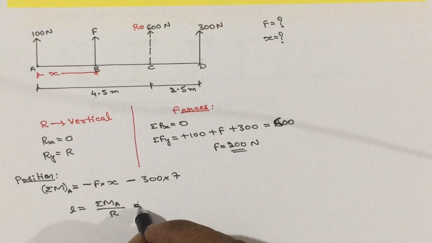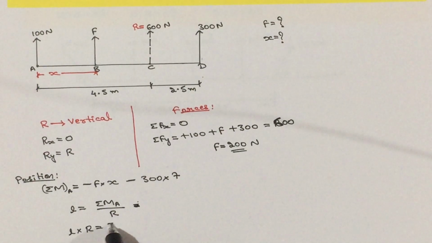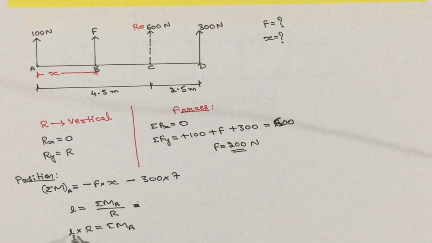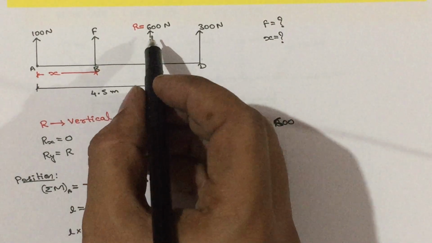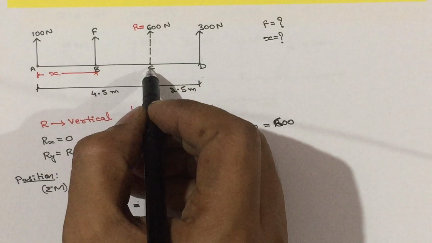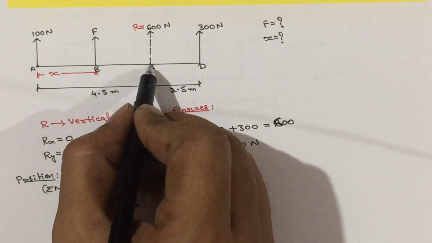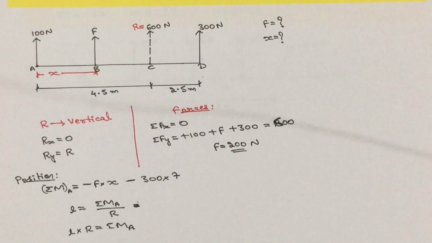So we can rewrite this equation as L into R equal to sigma MA, where L is the perpendicular distance of the resultant from the point A. Here it is the resultant, R is equal to 600 Newton. From point A up to the resultant line, the perpendicular distance is 4.5.